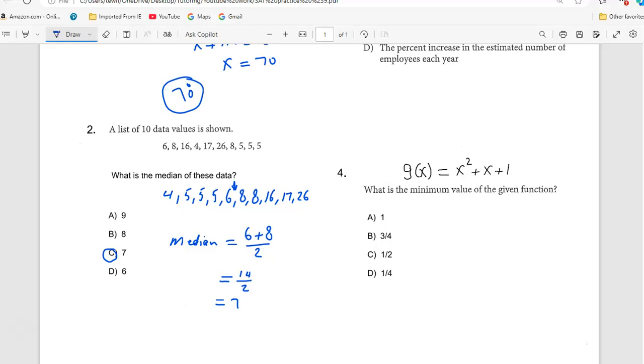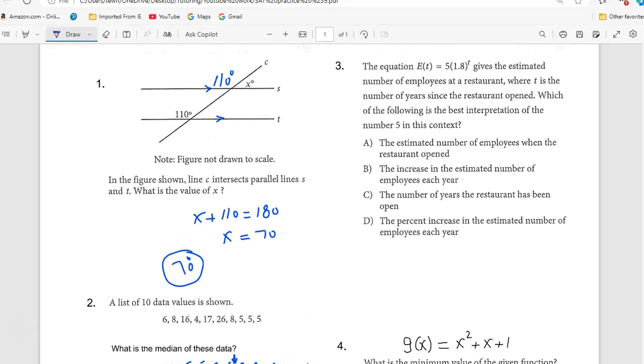For the third one, you can pause the video and try it yourself first. Alright, so the equation E of t equals 5 multiplied by 1.8 raised to the t gives the estimated number of employees at a restaurant, where t is the number of years since the restaurant opened.